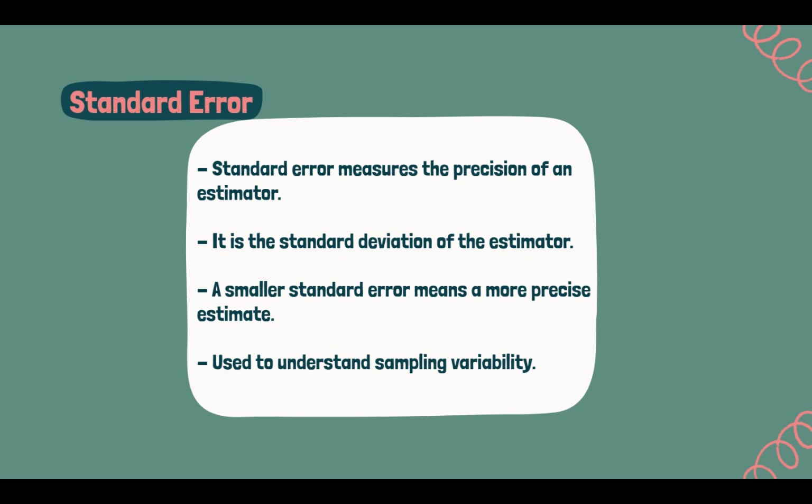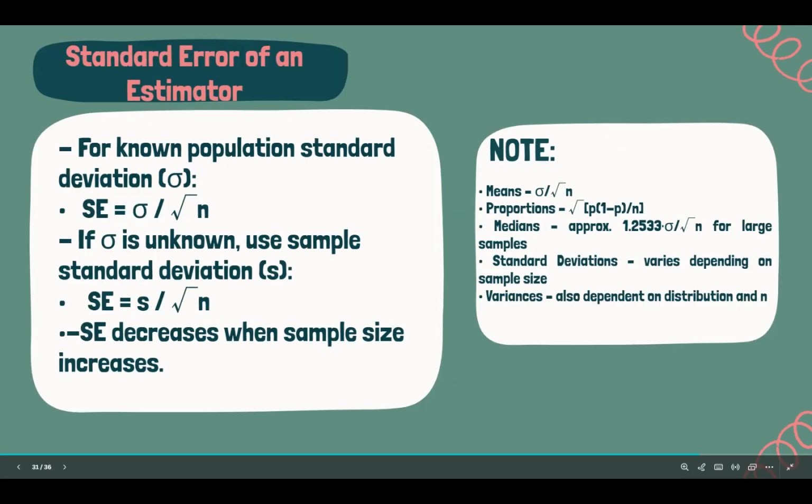So the standard error measures the precision of an estimator. It is the standard deviation of an estimator. A smaller standard error means a more precise estimate, used to understand sampling variability. The next one is the standard error of an estimator.